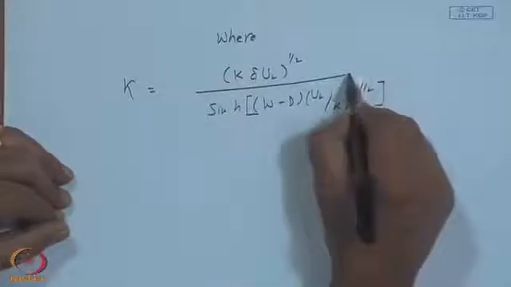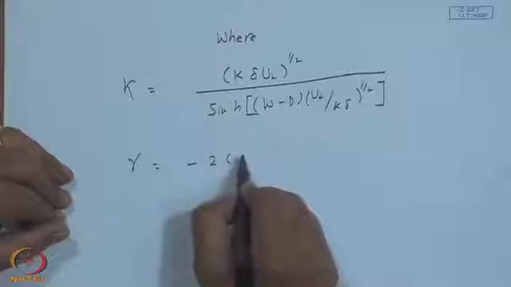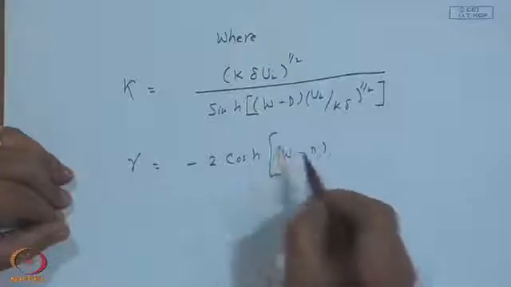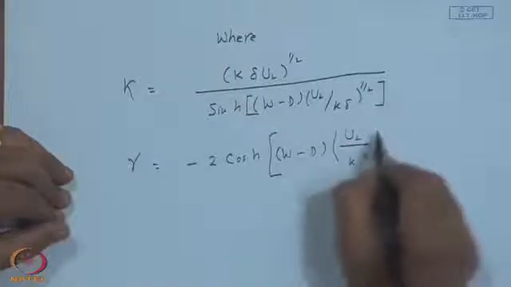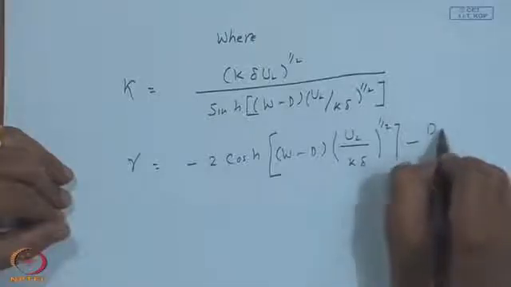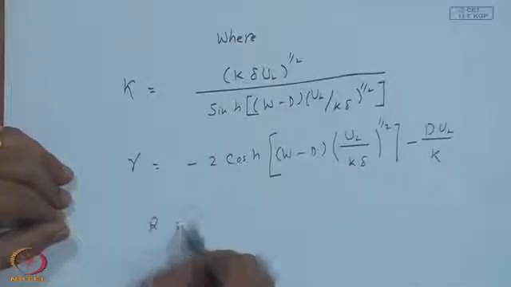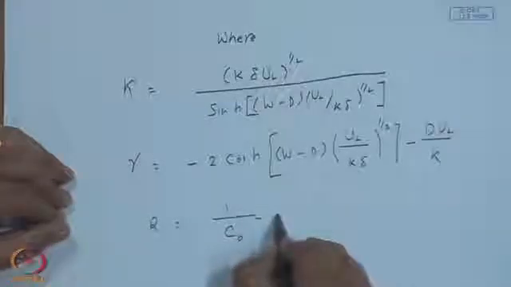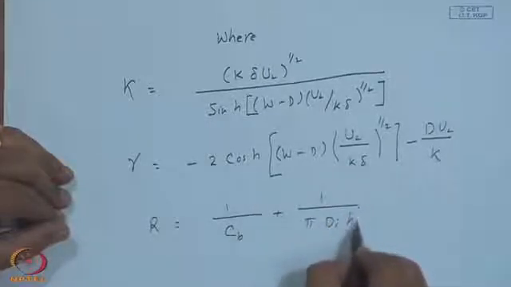So, this closes here, and gamma is minus 2 cosh of (W minus D) times (U_L by k delta) to the power 1/2, minus D U_L by kappa, and your R is the bond resistance, if Cb is the bond conductance, plus the convective resistance, 1 by pi d_i h_fi.